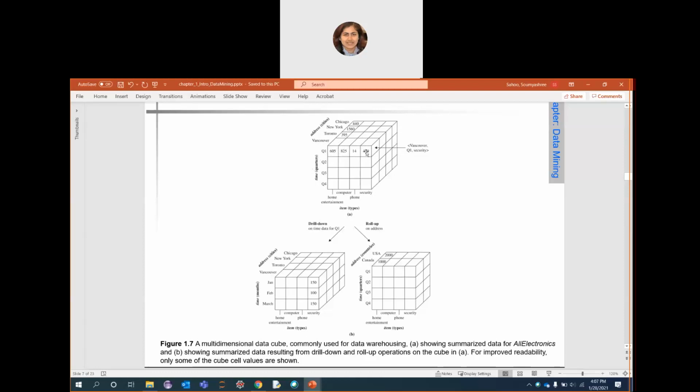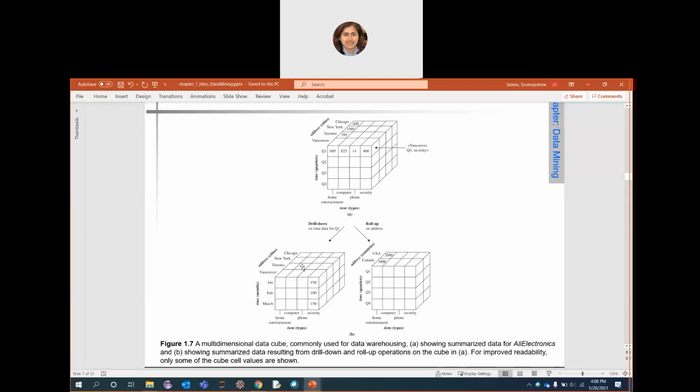For the quarter 1, the items related to security system in Vancouver, it's actually 400 and the unit is in thousand, so it is 400,000, and this is the cell where it is stored. This is a basic specialization where the data is stored in a data cube structure or a data warehousing system or a data warehousing structure.